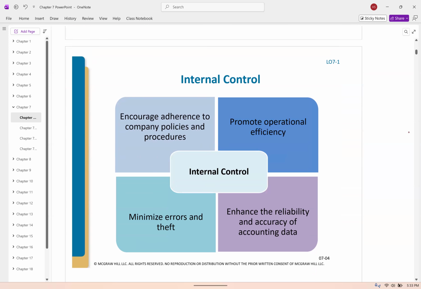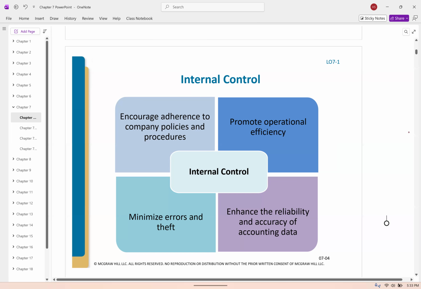With cash comes a lot more internal control because cash can walk away a lot easier than, say, I always use the example, the big table in the conference room. If we wanted to take that to our car, somebody would see us trying to take that out, and we probably would not be able to get away with it.